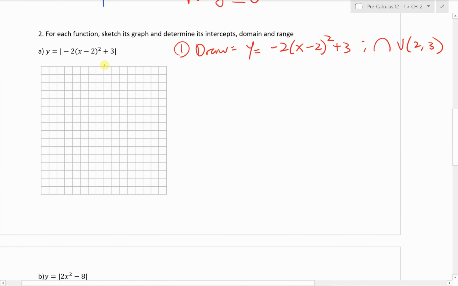So we can draw (2, 3). I'm just going to do it here, it doesn't matter. One, two, 1, 2, 3. So here's my vertex. I can find my y-intercept quite easily.